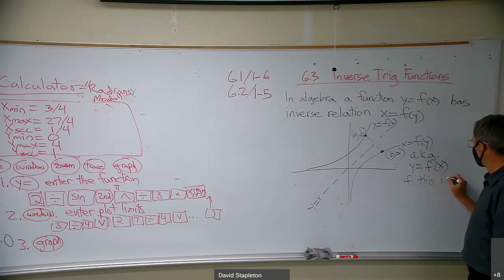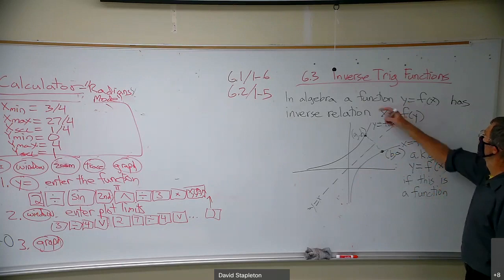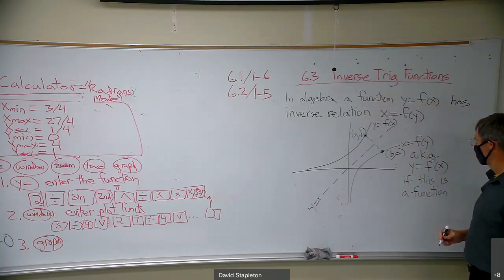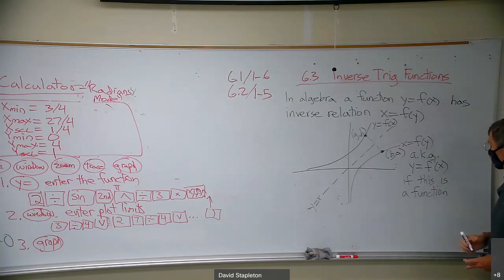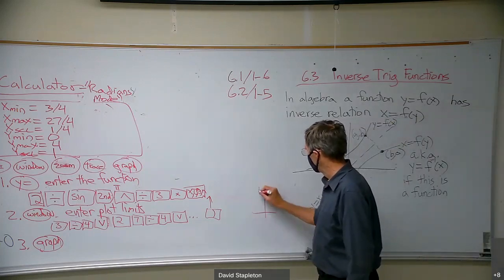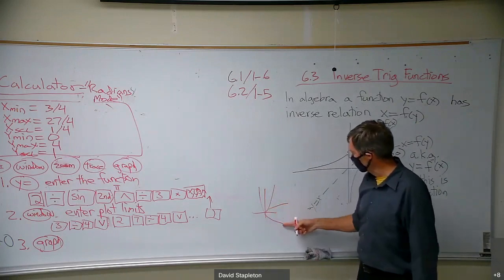How do we know it's a function? We're given that this one's a function, y equals f of x. How do we know the inverse relation is a function? We don't, it might not be. Like if I take the parabola, y equals x squared, and I flip it over the line y equals x, this doesn't pass the vertical line test.